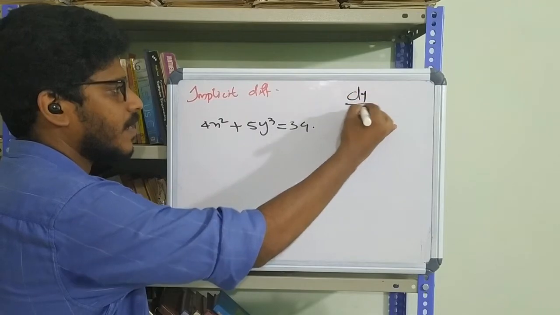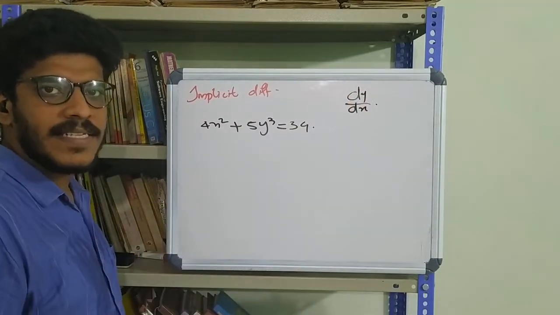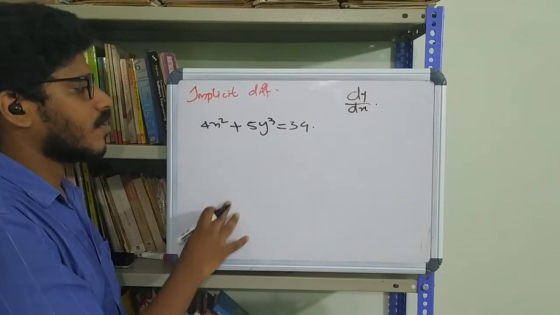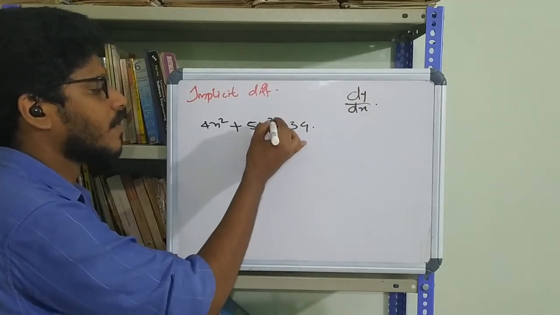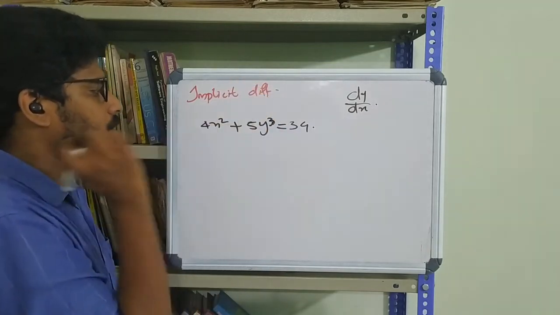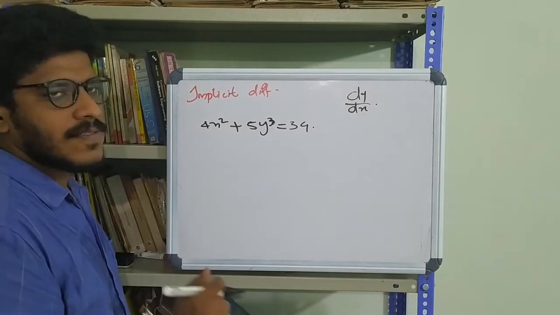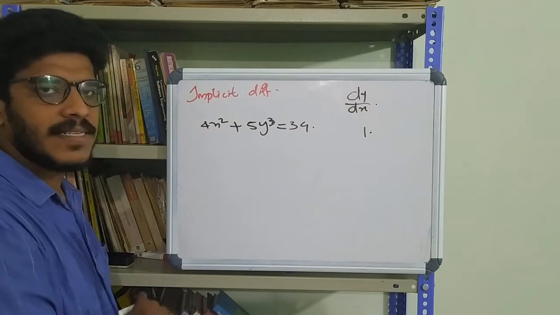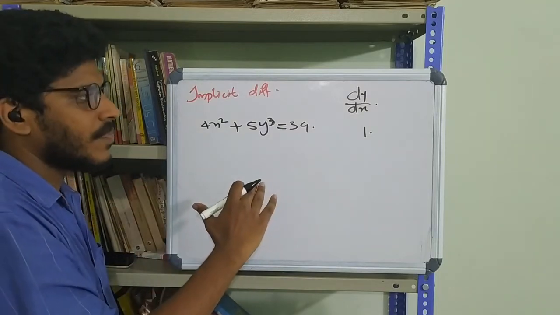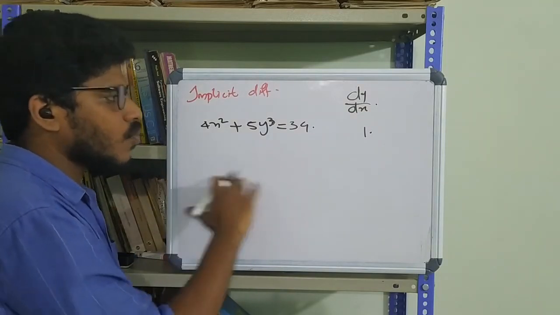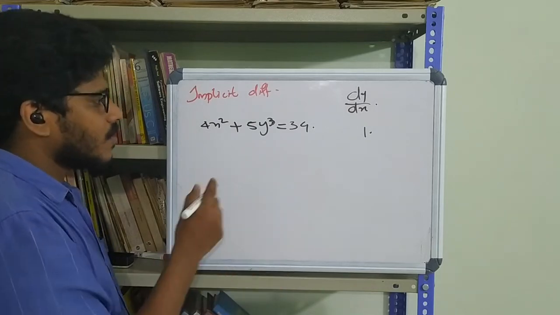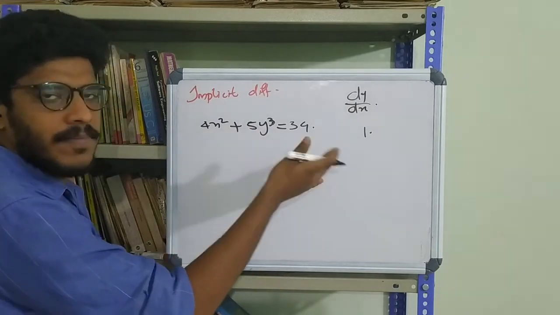Find dy by dx using the given function 4x square plus 5y cube equal to 39. So it involves two steps. First step is to differentiate throughout the equation with respect to x.